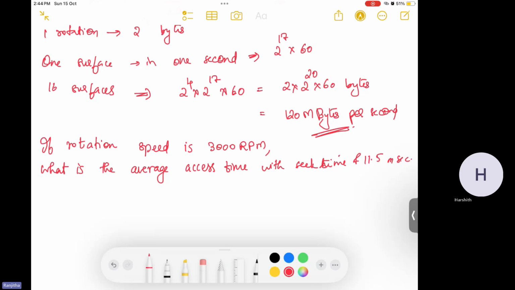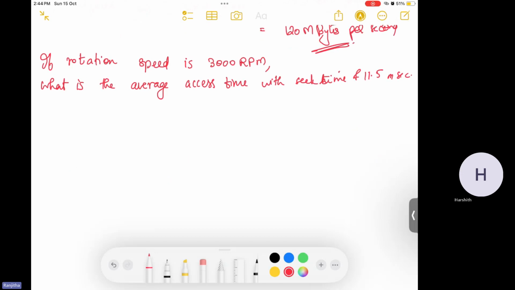Average access time is the time it takes for the head to come to the particular cylinder, which is nothing but seek time, then the sector has to come to the head, which is the rotational latency, plus any other overhead if it is mentioned. As of now, no overhead is mentioned, so we'll take it as 0.